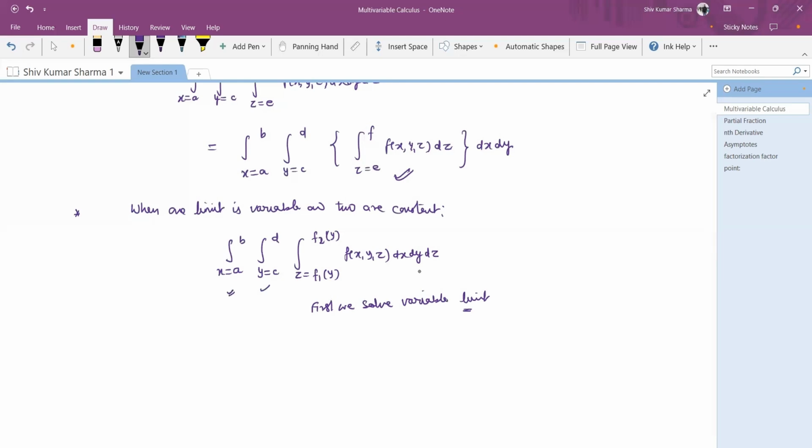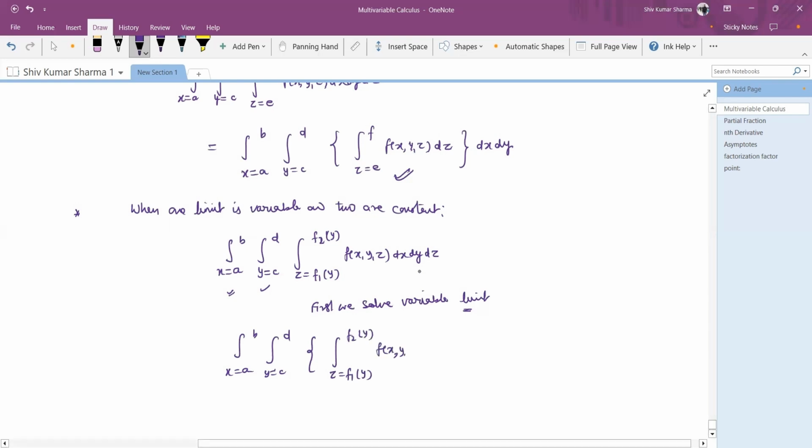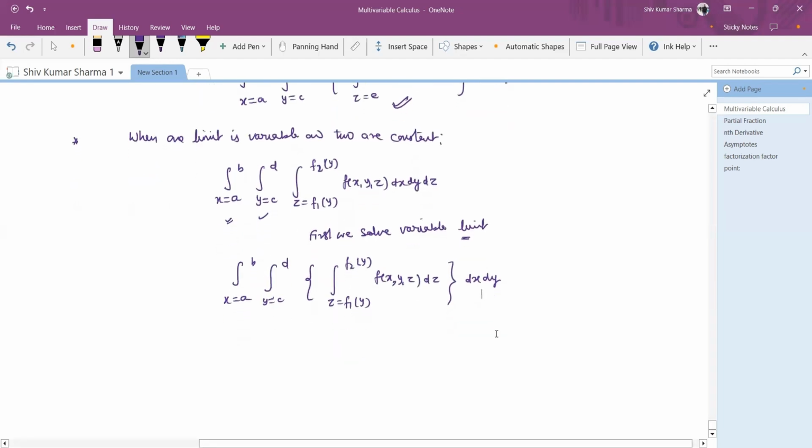So you can write this as x from a to b, y from c to d, and the limits of z from f1(y) to f2(y), of f of x, y, z into dz, dy, dx. So this is one case.